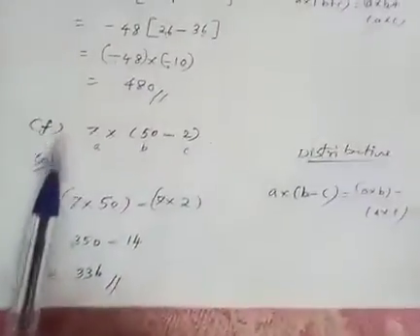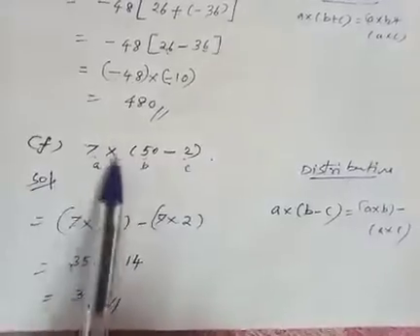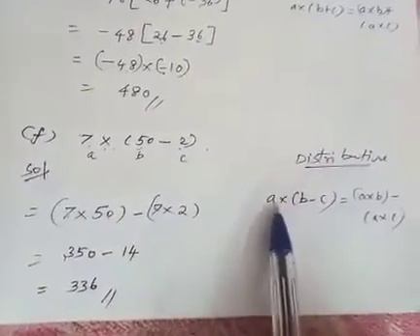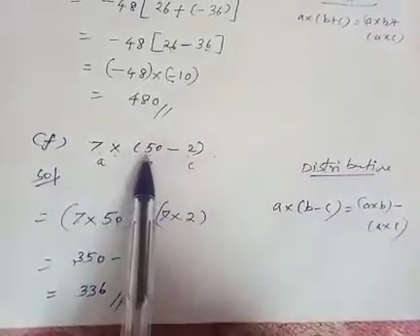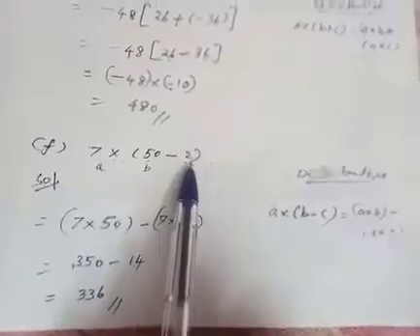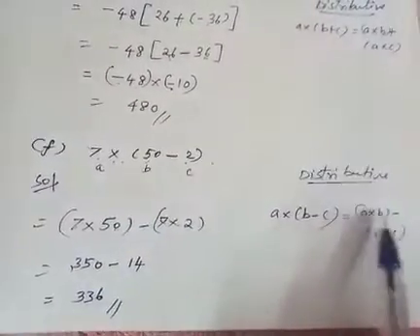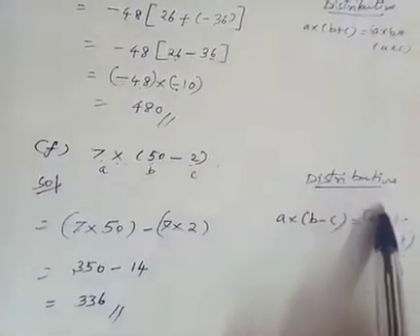The next, (b) question, 7 into 50 minus 2. 7 into 50 minus 2. Here using the distributive property, A into (B minus C). So A value is 7, B value is 50, and C value is 2. A into (B minus C) is equal to A into B minus A into C using the distributive property.